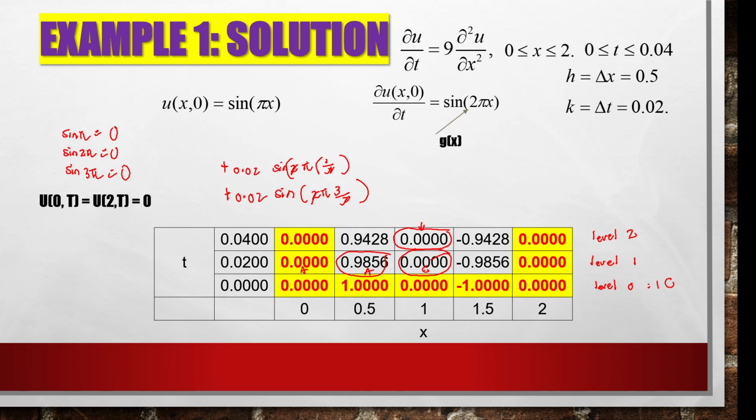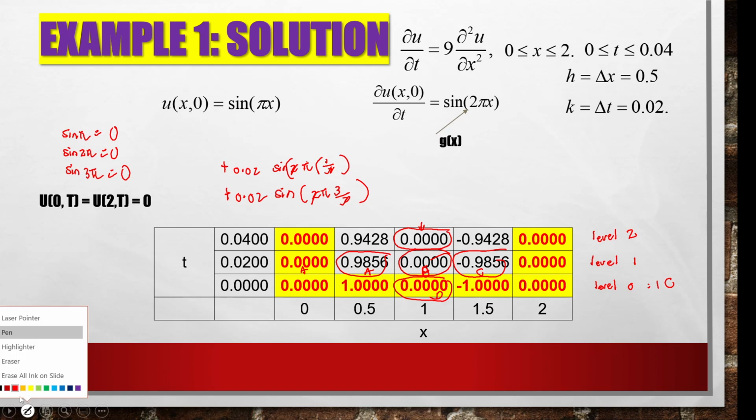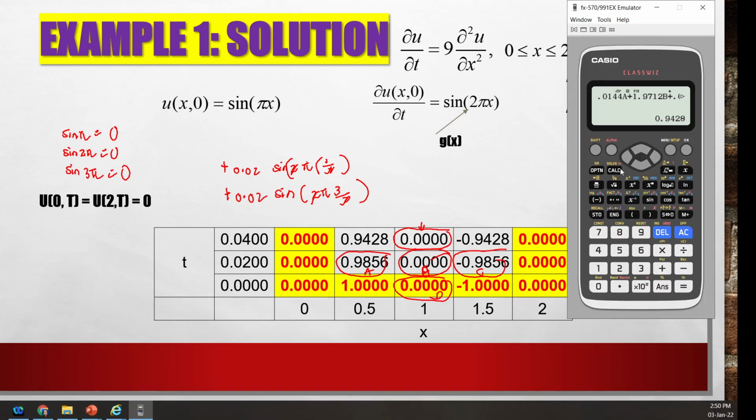A here, this is B, this is C, and D at the bottom. So A, B, C, D. Calculate again. Now A is 0.9856, B 0, C negative 0.9856, D 0. So you obtain 0.